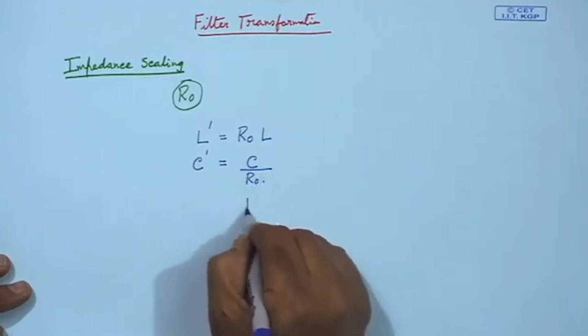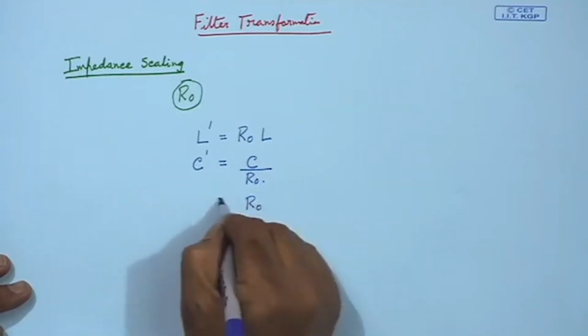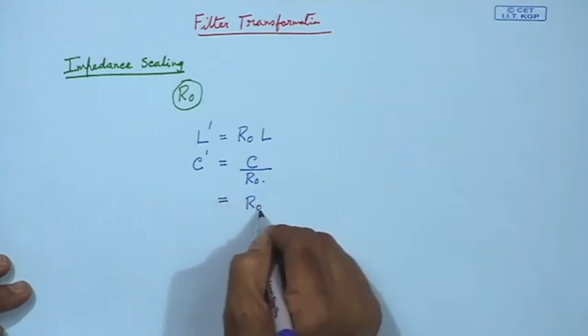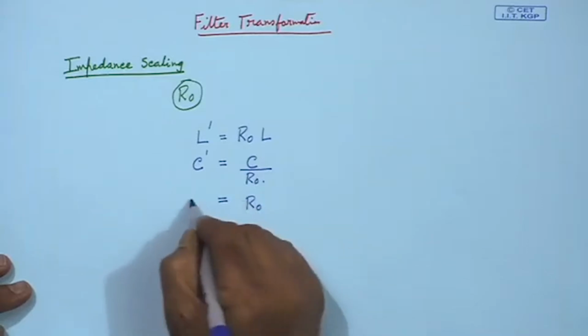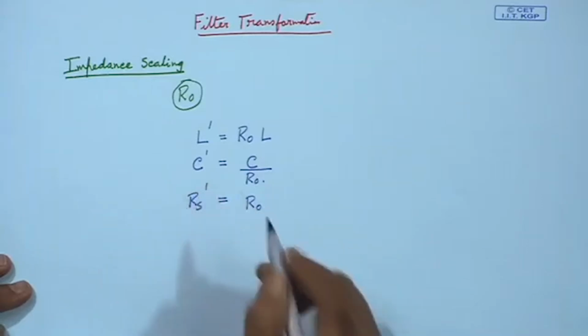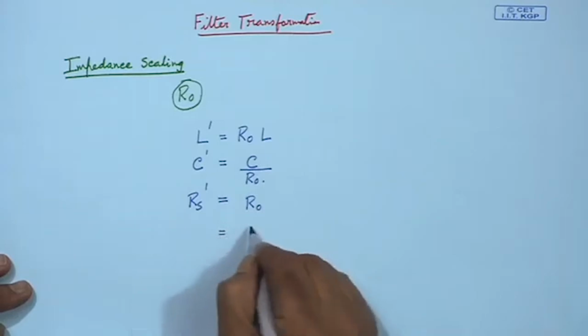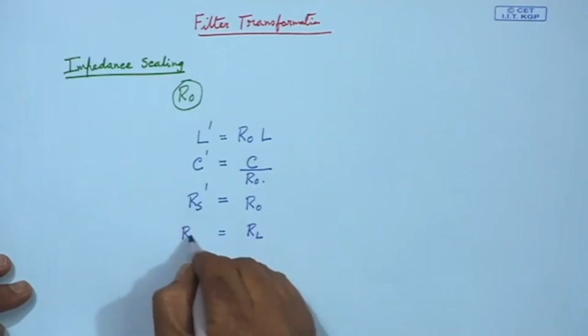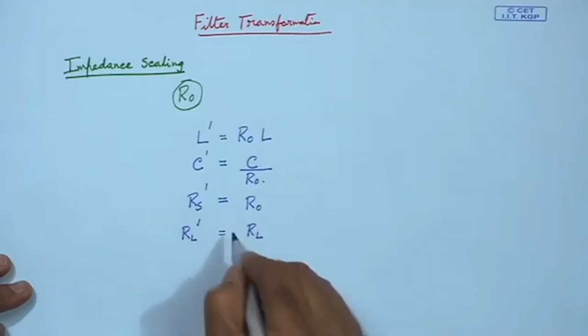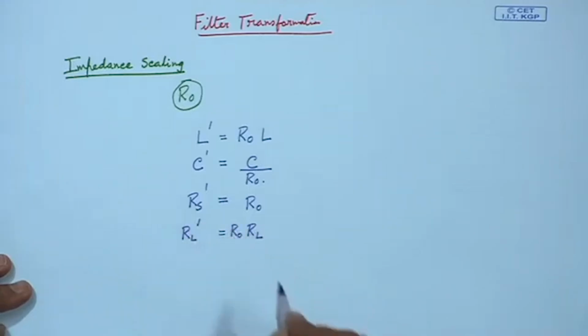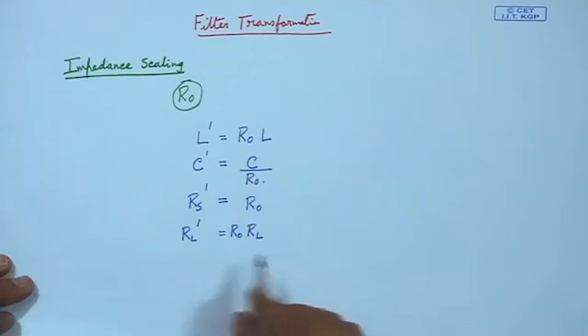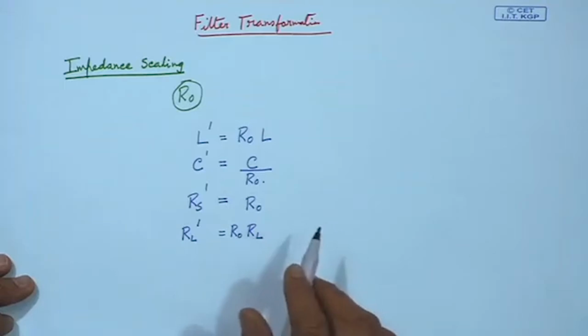If it was R naught in the prototype, then Rs dashed will be like this, and if it was RL in the prototype, then after scaling it will become R naught RL.